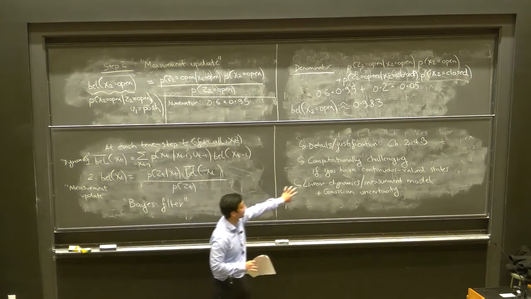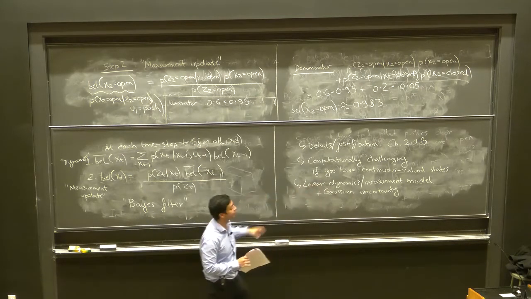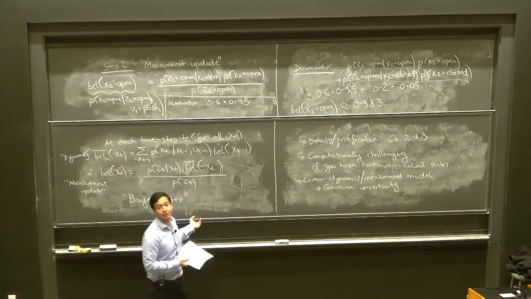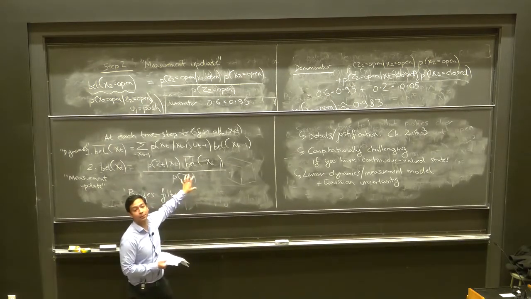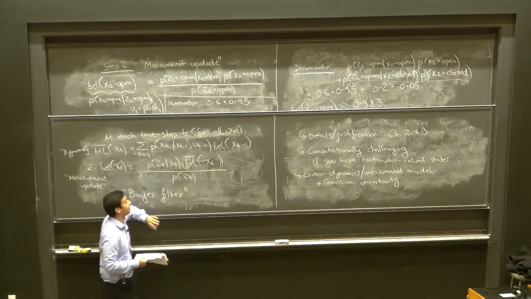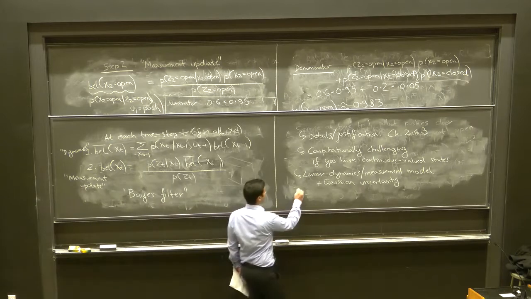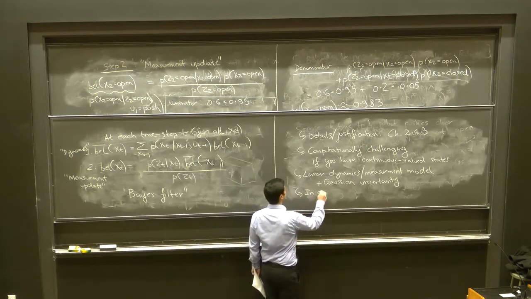And this leads to something called Kalman filtering, which we'll discuss in the next lecture. In general, this is not possible to implement exactly in a computationally efficient manner, and so we have to make some approximations.